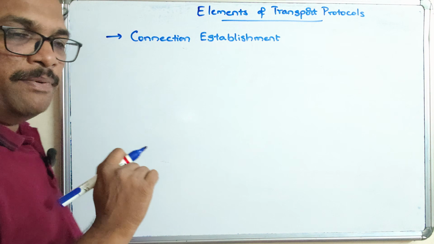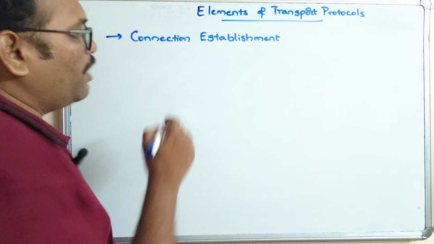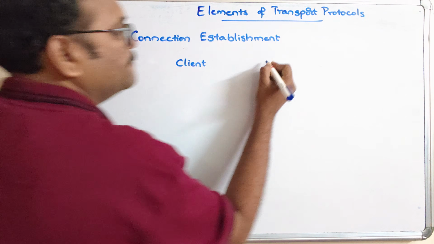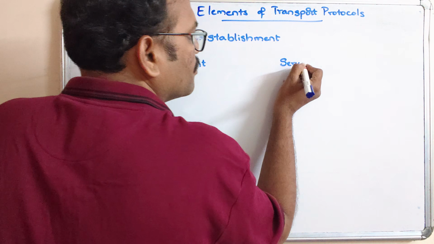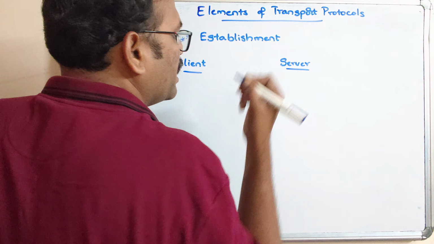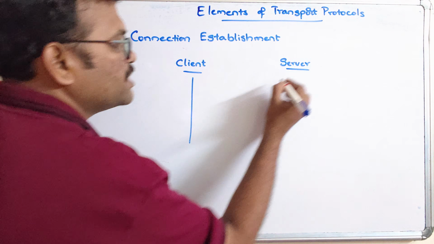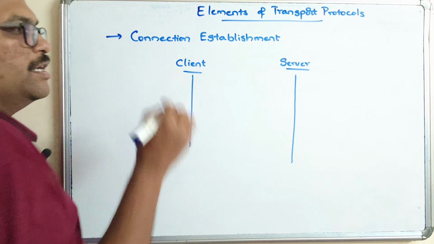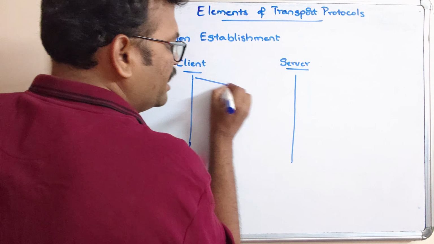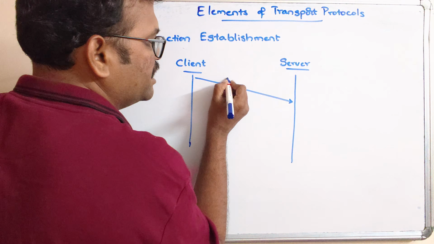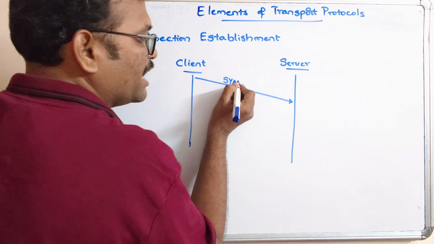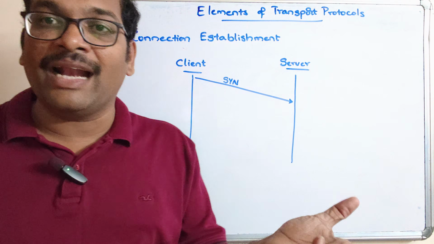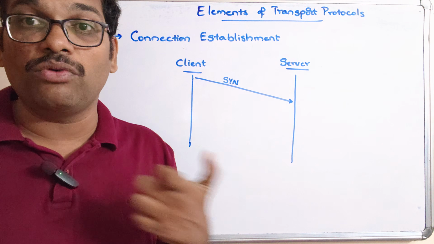Let us take two systems, a client and a server. This is a timeline. First the client sends one synchronize message, SYN, which means it is ready to connect with the server.